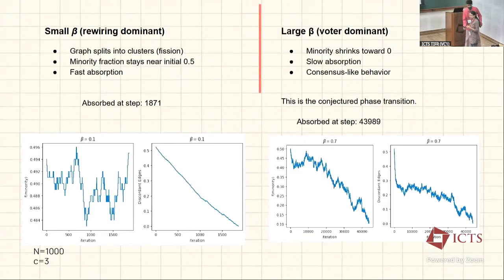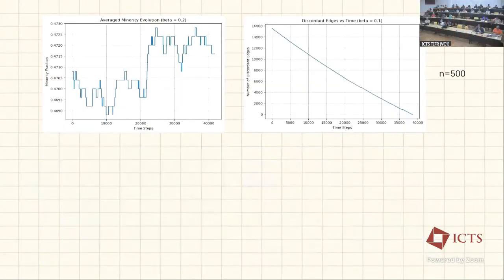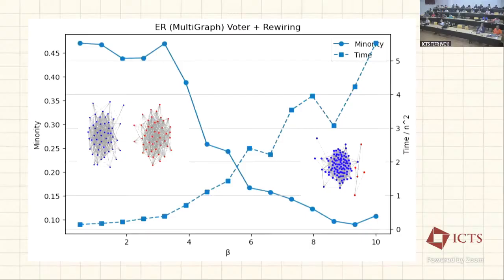I have a question. Do your simulations give you a rough value of what the critical value of beta should be? It's somewhere between 0.1 and 0.7, but do the results give you something sharper already?